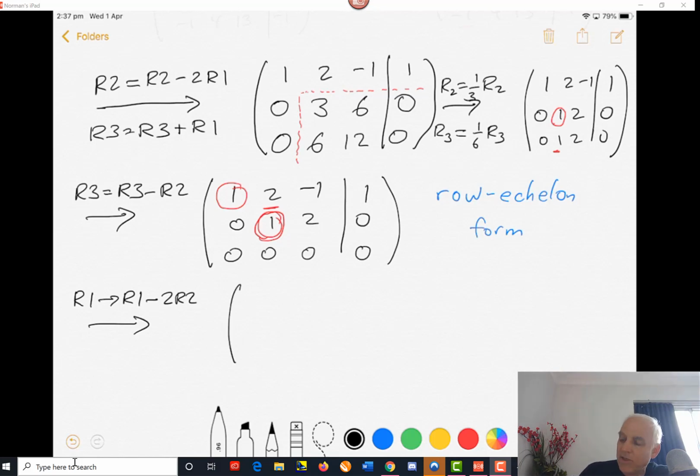Okay, so what's the new row 1 going to be? We're taking row 1 and subtracting twice the second row. So that 1 will still be 1 because it's 1 minus 2 times 0. The 2 minus 2 times 1, that's going to be 0. The next one, minus 1 minus 2 times 2.